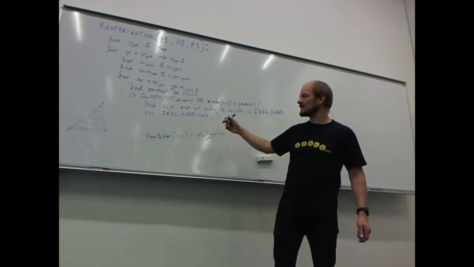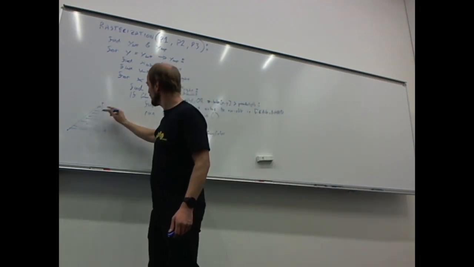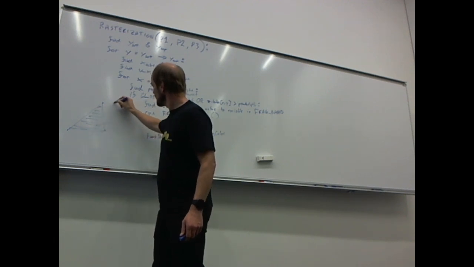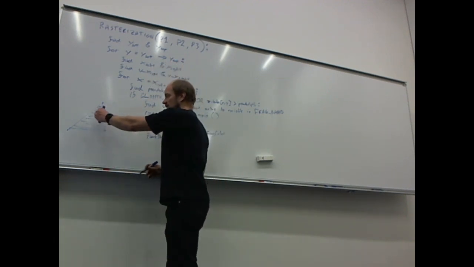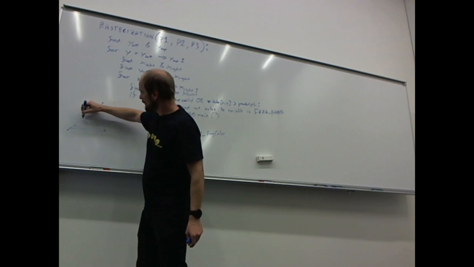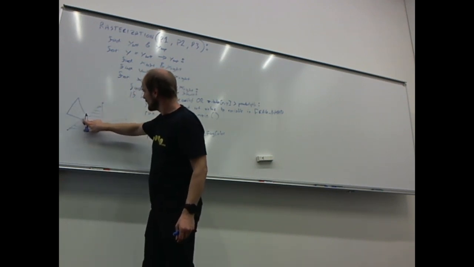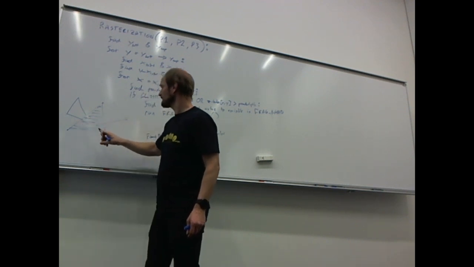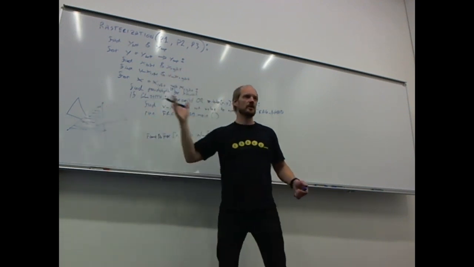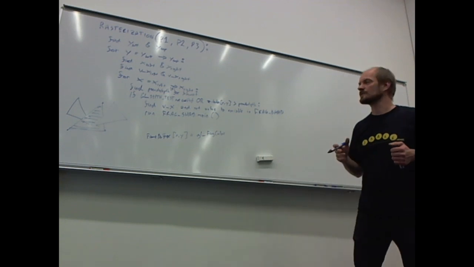We've added the depth test, so that if there was something previously here that was actually closer, then that should still be there. However, if there was something previously here that was further away, then we should overwrite that. So the depth test will make sure that that stuff works.